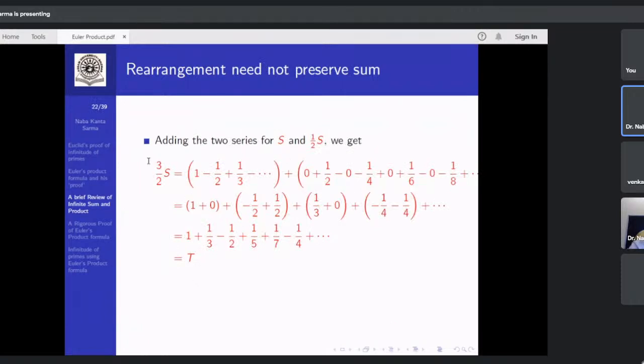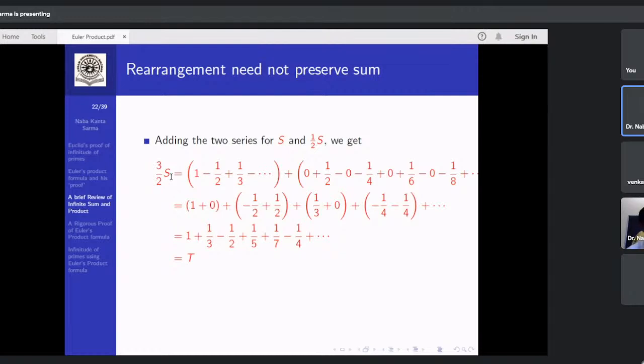We get 3 by 2 of S, and if we add them term by term, what do we get? 1 plus 0, then minus half plus half, 1 by 3, 0. And if we rearrange the terms, what do we get? 1 plus 1 by 3, it is exactly the series T. So the series S has the sum log 2, but this series T will have the sum 3 by 2 of S. That means 3 by 2 times log of 2.